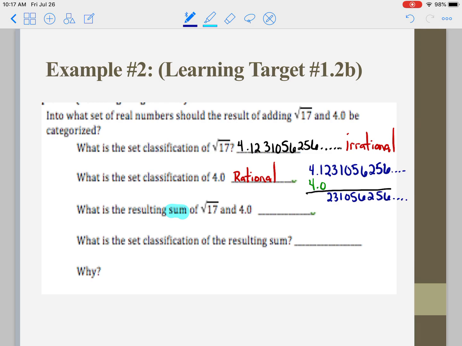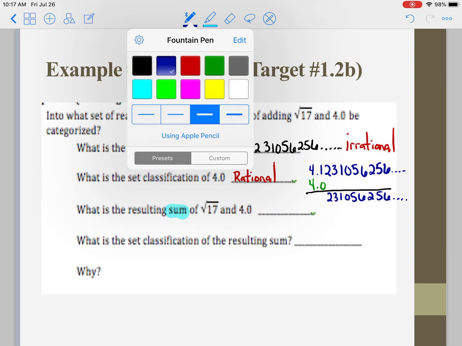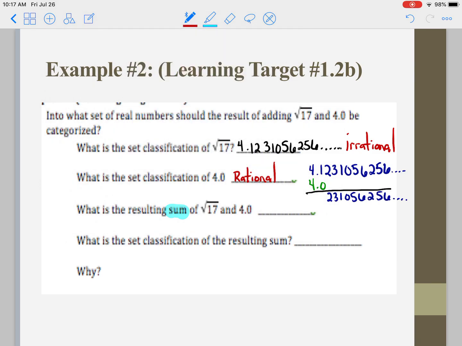And so without even going any further, we can see that this is going to be a decimal. The resulting sum will be a decimal that goes on forever. It does not terminate and does not repeat. We can now conclude, without even finishing the addition, that we are going to have an irrational number.